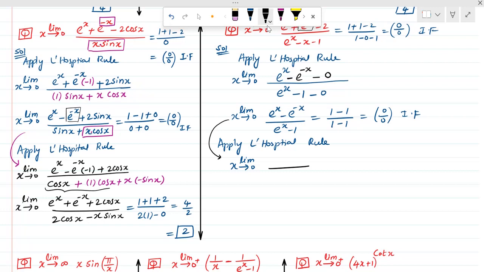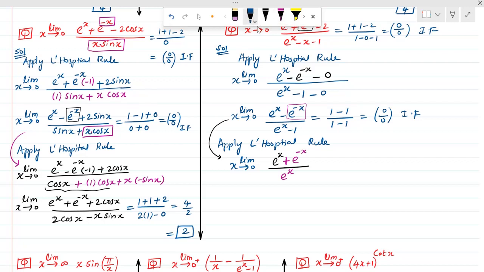In the numerator you will get e to the power x. While differentiating e to the power minus x, it becomes minus, therefore it becomes plus. So it's a chain rule. Now e power x is e power x, and 1 becomes 0.